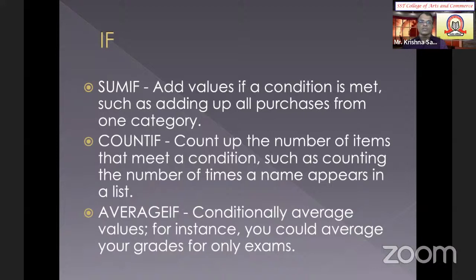If I have a list of names, I can count how many times the same name appears in the list. And then there is AVERAGEIF. Conditionally average values, for instance, you could average your grades for only exams. So you can find the average of grades for any particular exams. So this is SUMIF, COUNTIF, and AVERAGEIF.